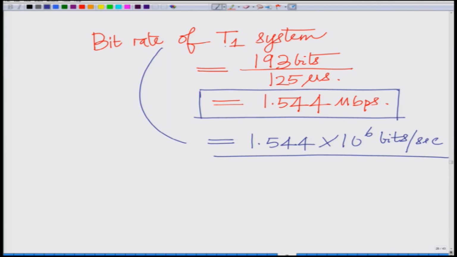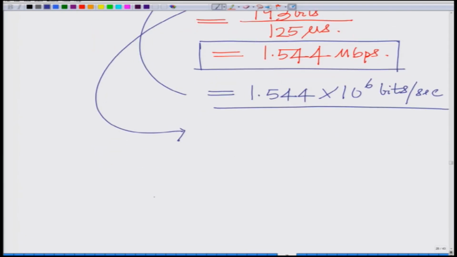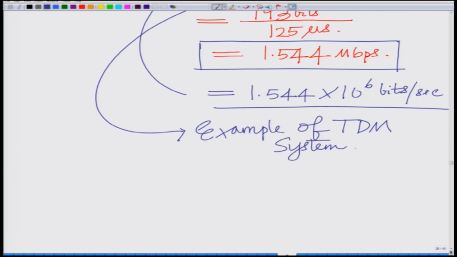The T1 system is a classic example of a time division multiplex system. What we have seen in this module are some important aspects of the TDM system, that is, what the bandwidth requirements of a TDM system are.